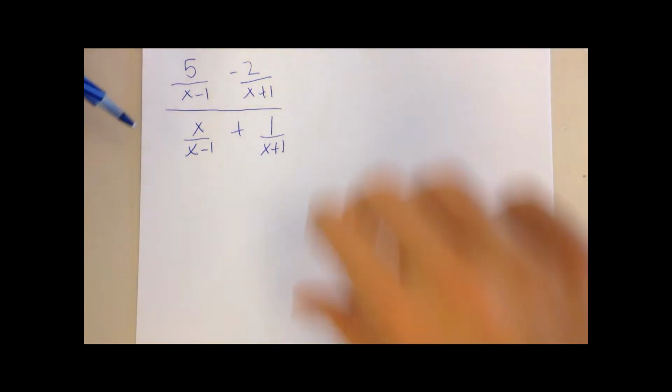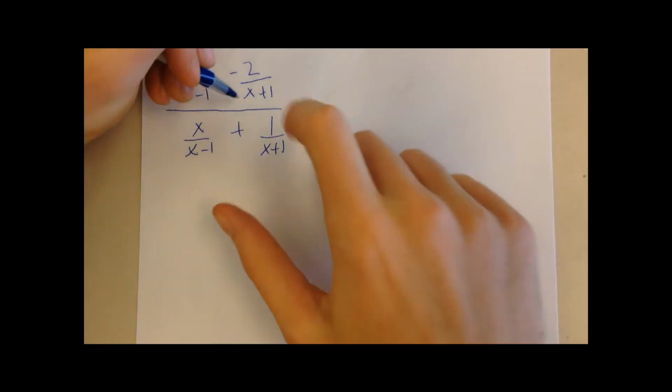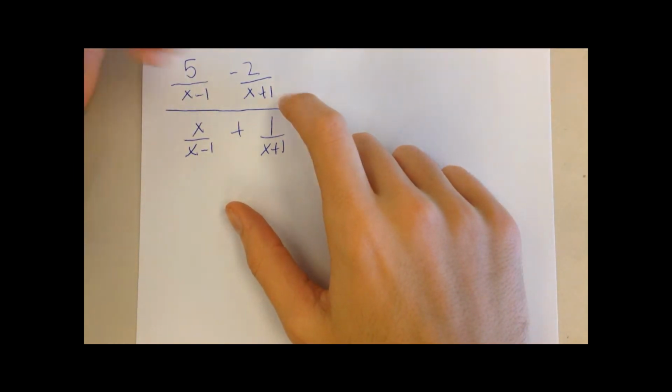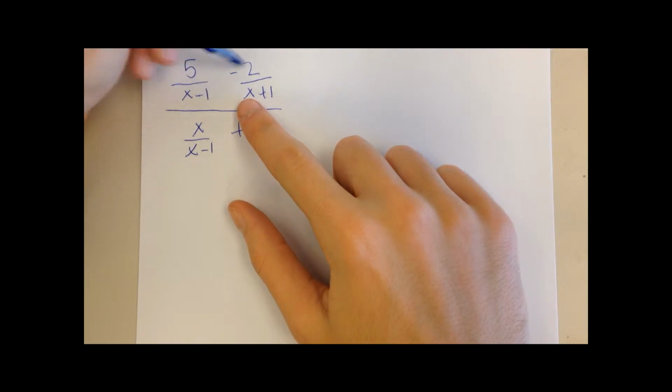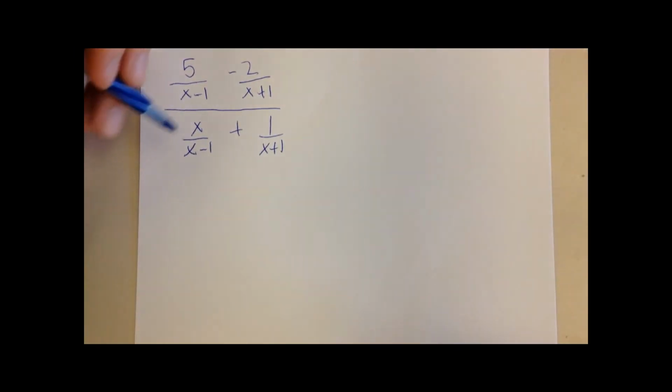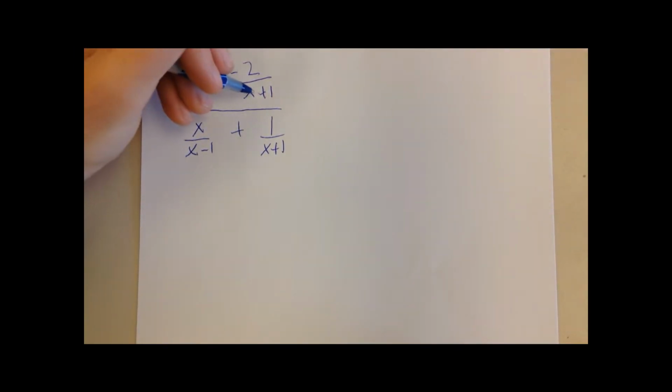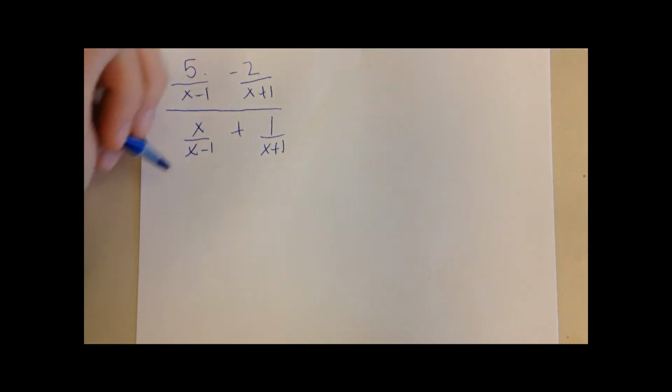So the next way of doing this problem is by combining the numerator into one fraction and the denominator into one fraction and making it a division problem. For the top piece, the way we combine it is we find a common denominator, which we'd get by multiplying these two numbers, and then we just have to make it one fraction. So I'd multiply this whole piece by x plus 1 over x plus 1, and this whole piece by x minus 1 over x minus 1.